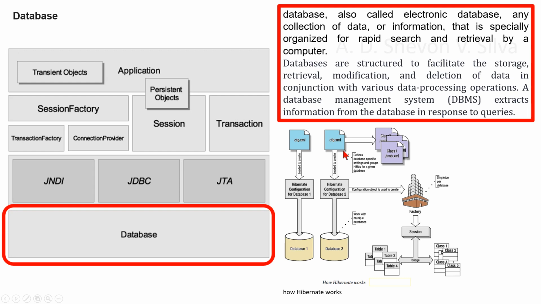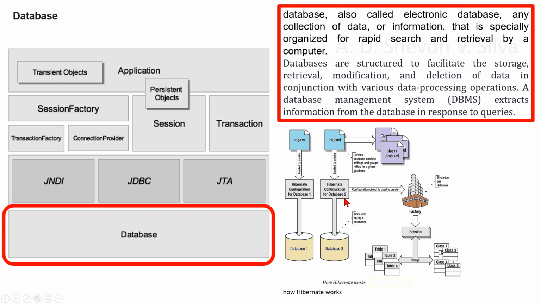.cfg.xml is connected to Hibernate configuration for database 2, and loaded to create is passed from .cfg.xml to Hibernate configuration for database 2, and Hibernate configuration for database 2 is connected to database 2. And here we work with multiple databases.